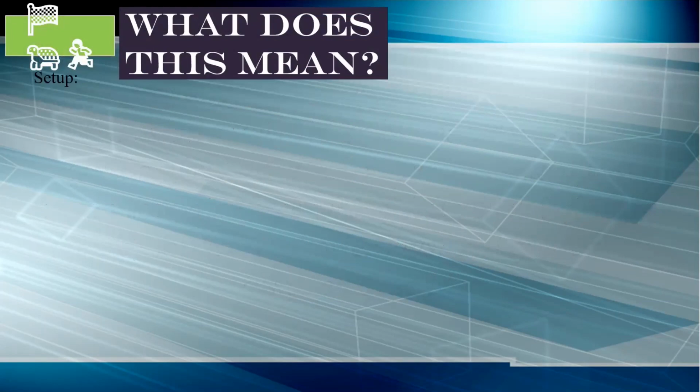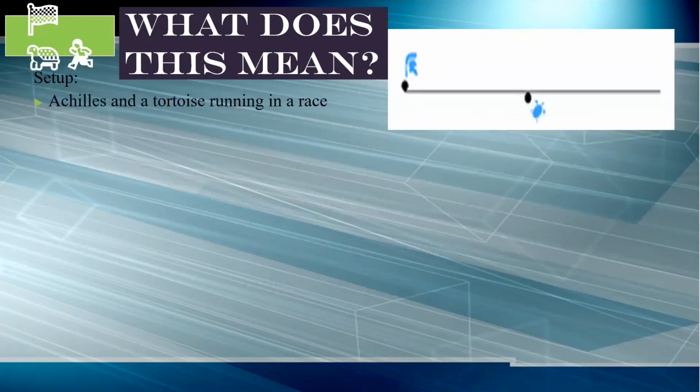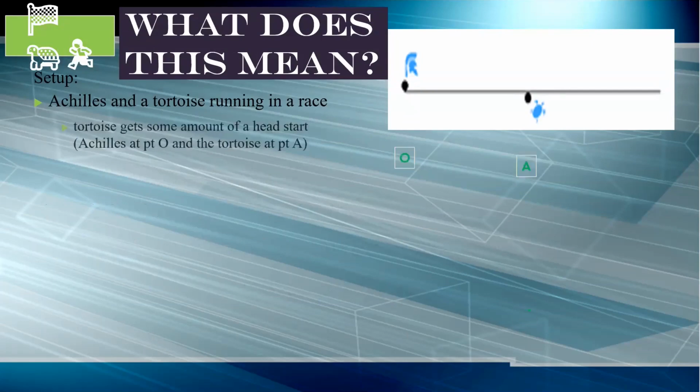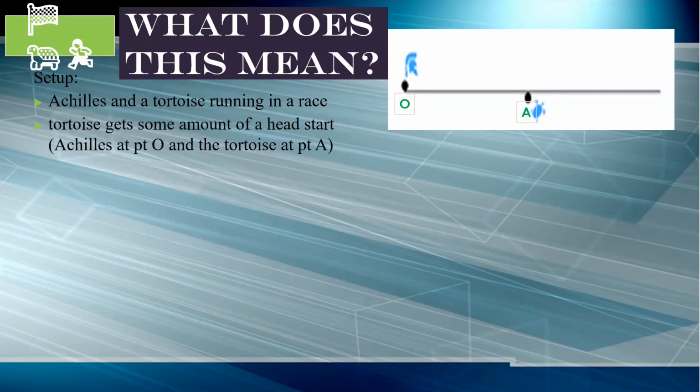So, a little setup before they start their race. Here's a diagram that shows Achilles, the helmet, starting on the far left side of the segment, and the tortoise running in the race. Before they begin, the tortoise gets a head start ahead of Achilles. We can call that point A. So the tortoise begins at point A and Achilles begins at point O. This gives the tortoise a head start, because we want to be fair to the tortoise, who is obviously slower.